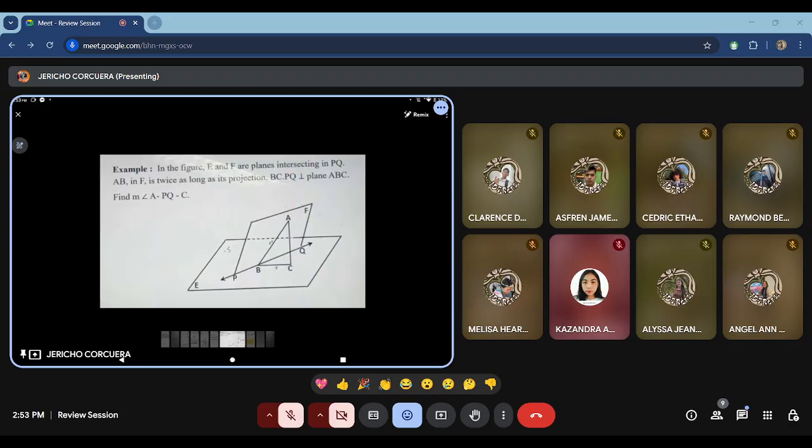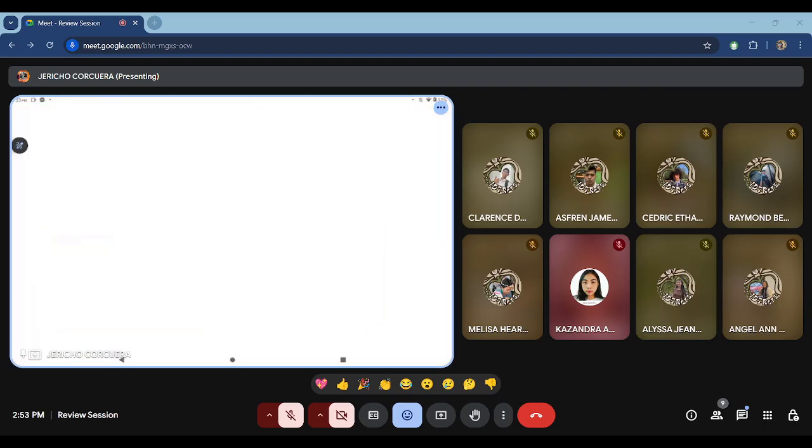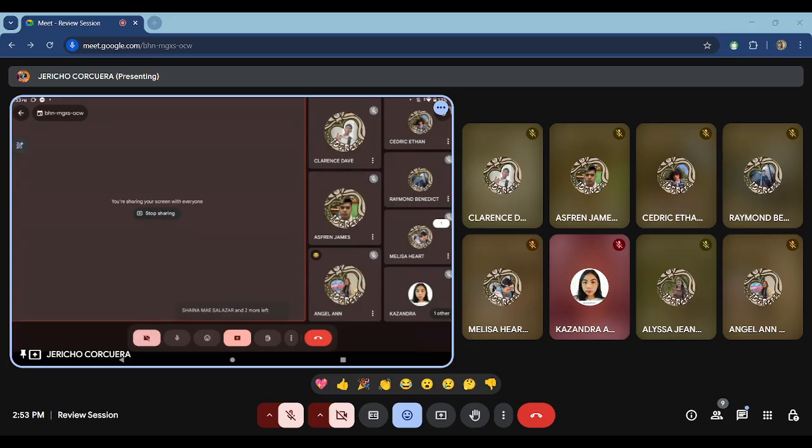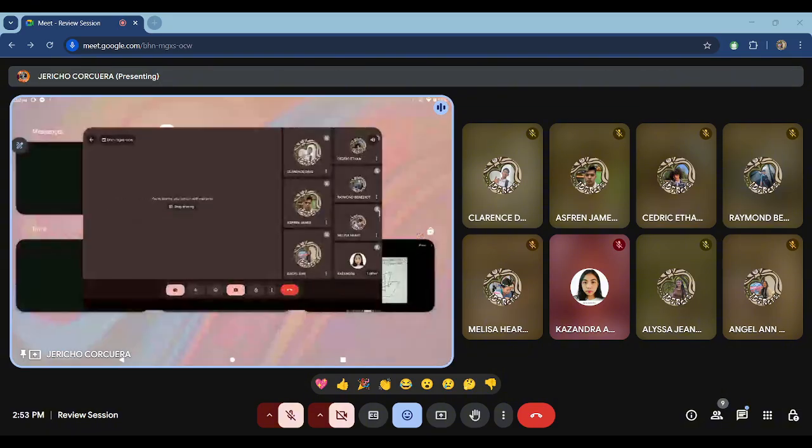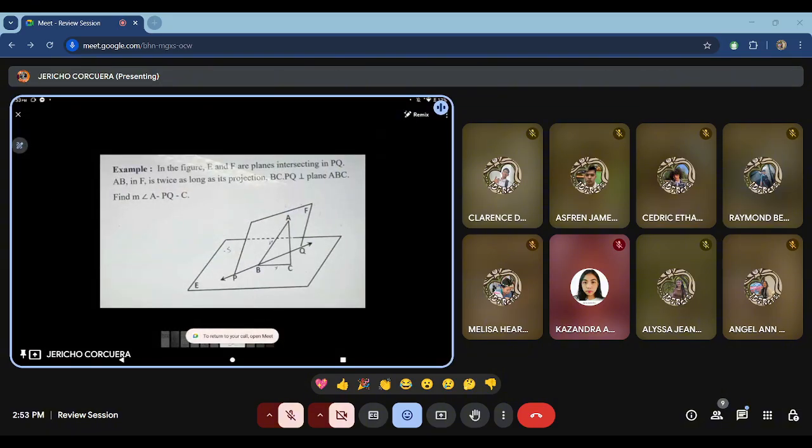Okay, we have here that in the figure, E and F are planes intersecting in PQ. AB in F is twice as long as its projection BC. PQ is perpendicular to plane ABC. So we're looking for the dihedral angle APQC.